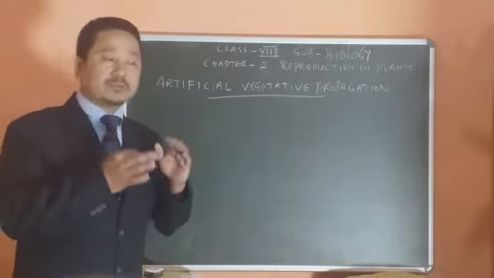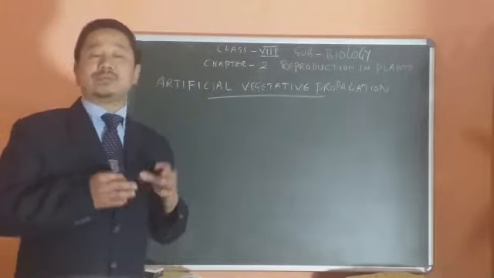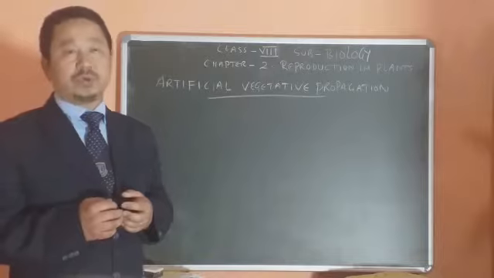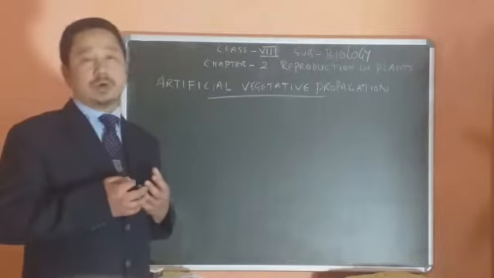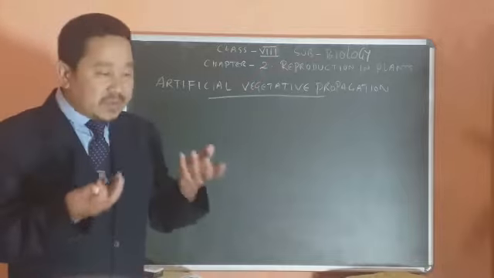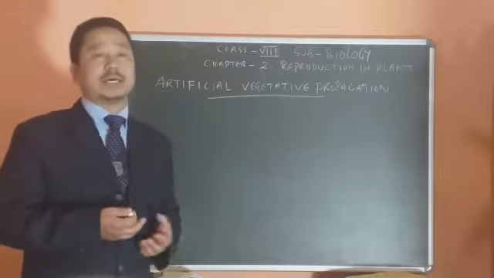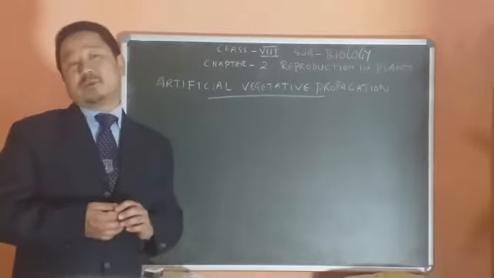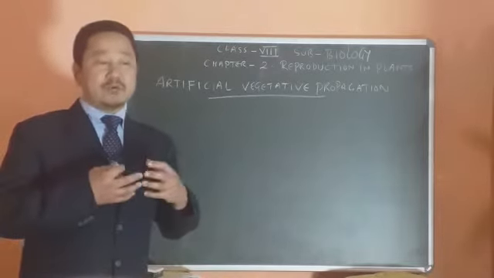So what kind of plants are we going to select? We are going to select those plants which are good, which are very much useful to us, which bring about a lot of benefit to us. So those kinds of plants are selected for the artificial vegetative propagation. So there we intervene.